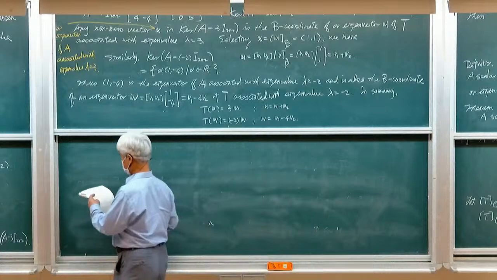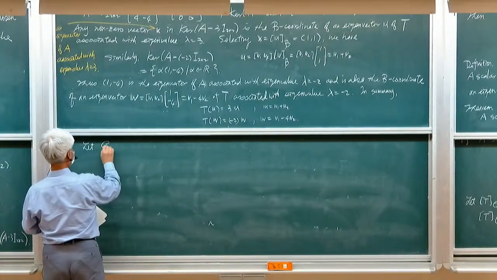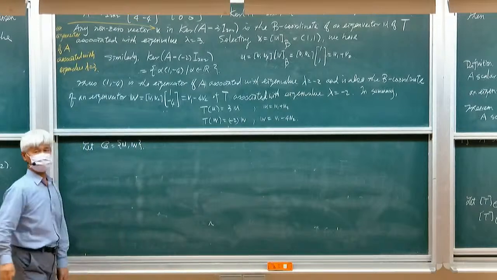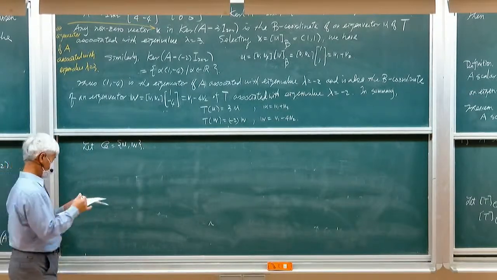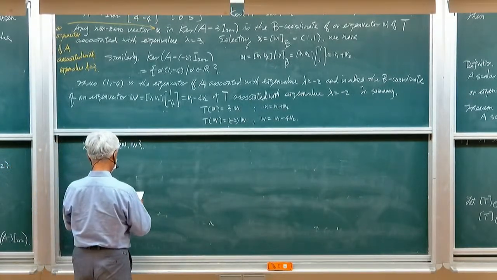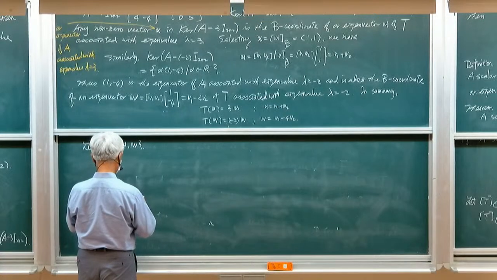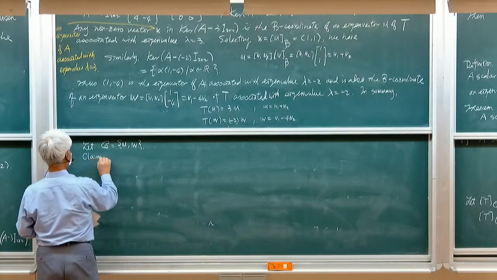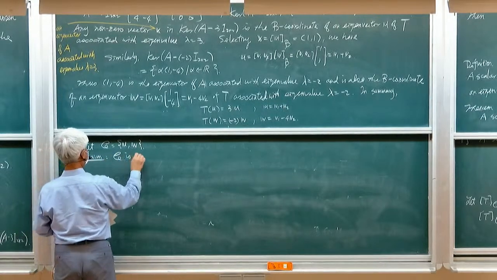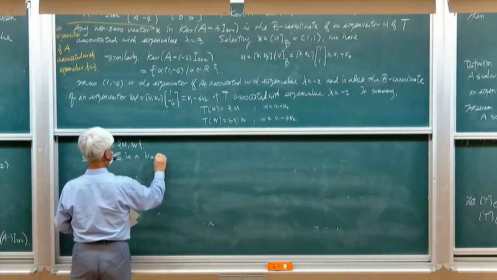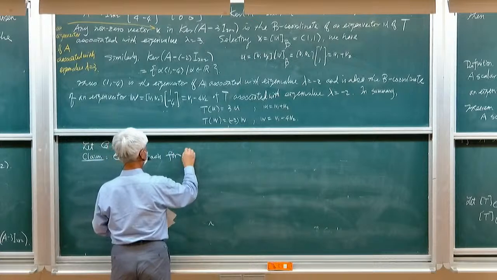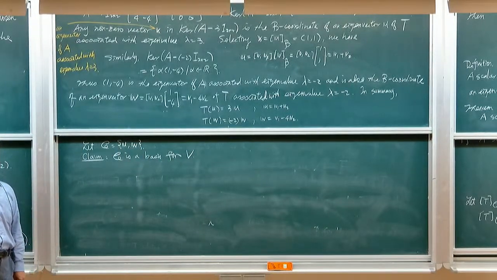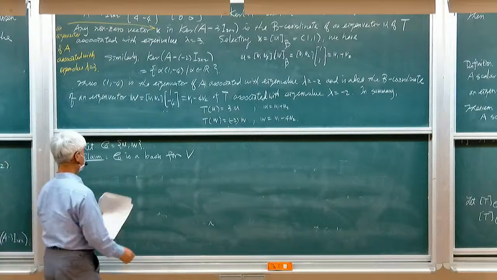So we let C be U and W. So we claim that C is a basis for V. Okay. So these two eigenvectors form a basis for V.